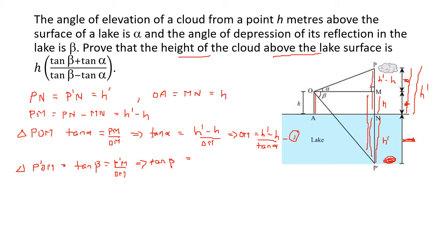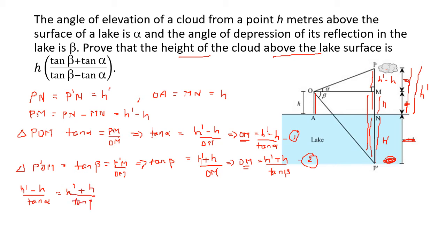So we have got h prime plus h upon OM, implies OM equal to h prime plus h upon tan beta. Let me call this equation 2. Now equation 1 is OM, equation 2 is OM, so equation 1 equal to equation 2. So we have h prime minus h upon tan alpha equal to h prime plus h upon tan beta.